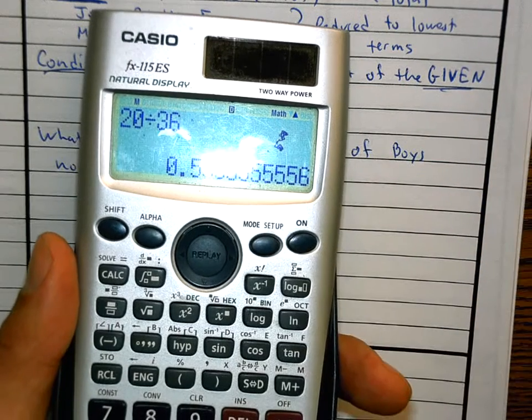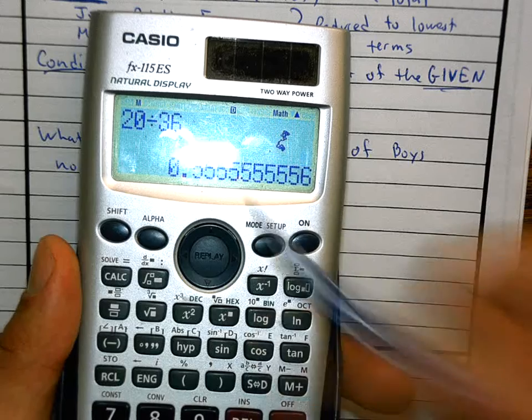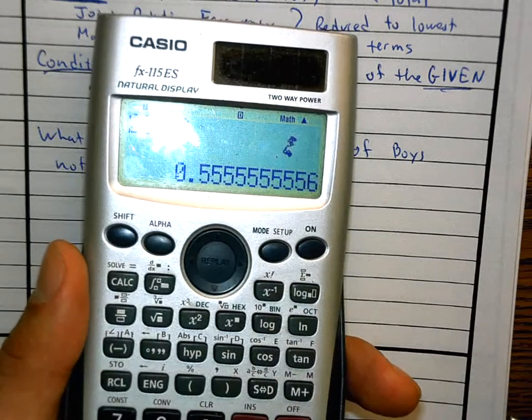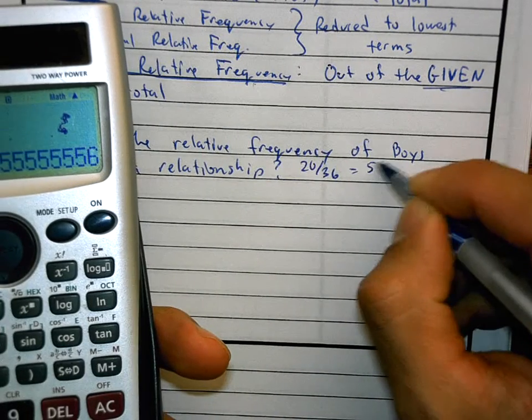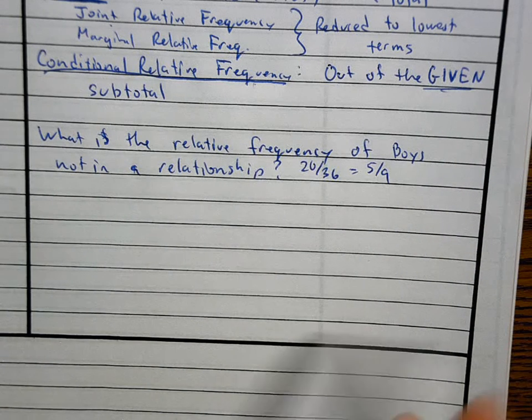It's easier for me to write 5 over 9 than it is for me to write 0.5 repeating. So I'm going to write equals 5 out of 9. Okay? That was a relative frequency. Let's do one more for a conditional relative frequency.